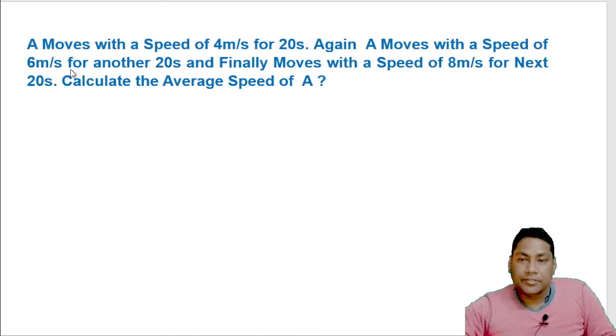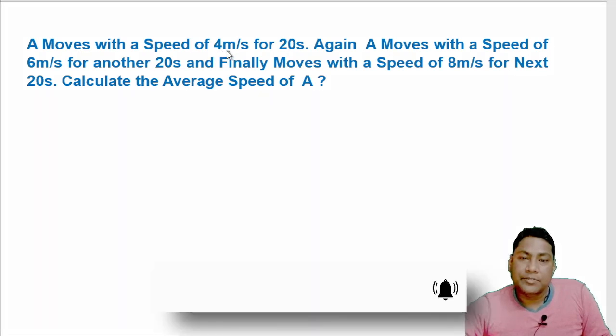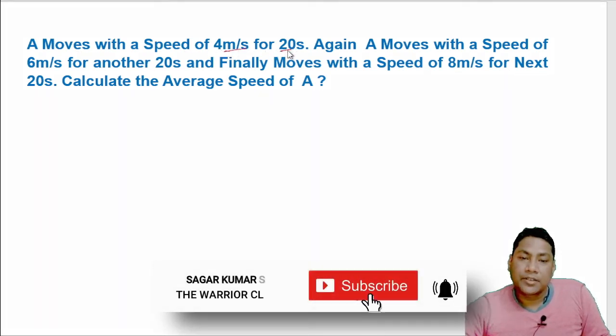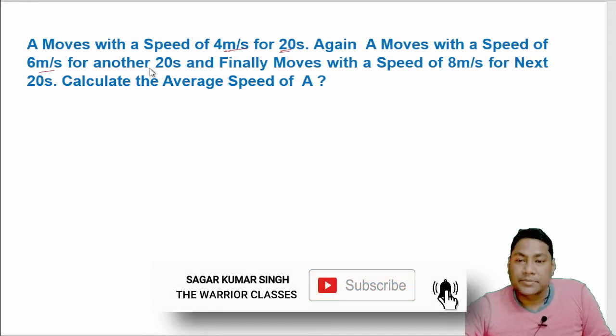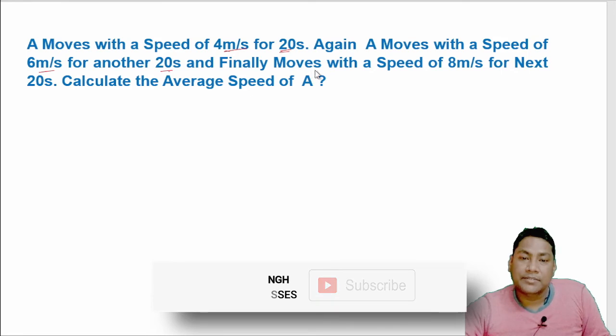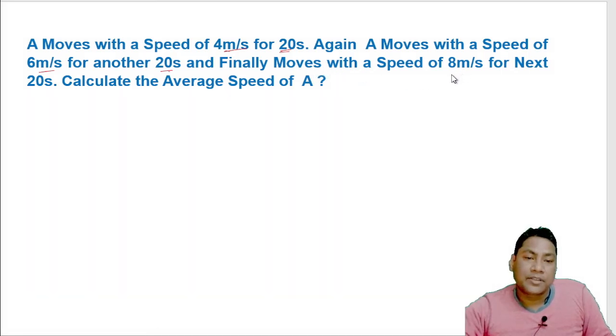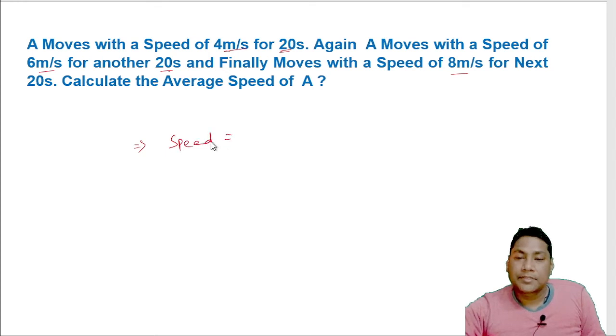So friends, in the question they have given: A moves with a speed of 4 meter per second for 20 seconds. Again A moves with a speed of 6 meter per second for another 20 seconds, and finally he moves at a speed of 8 meter per second for the next 20 seconds. Calculate the average speed of A. We know that the speed formula is distance divided by time.